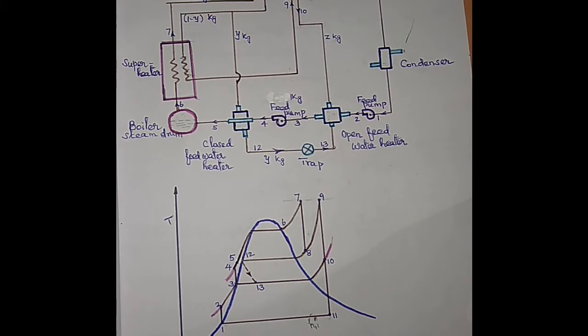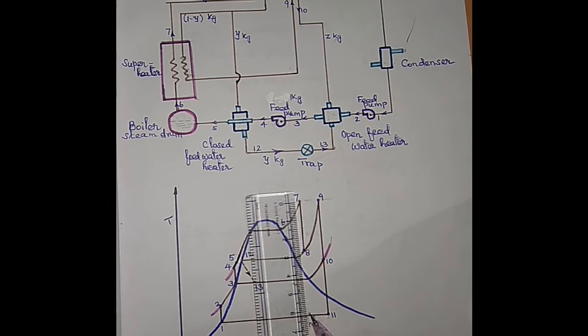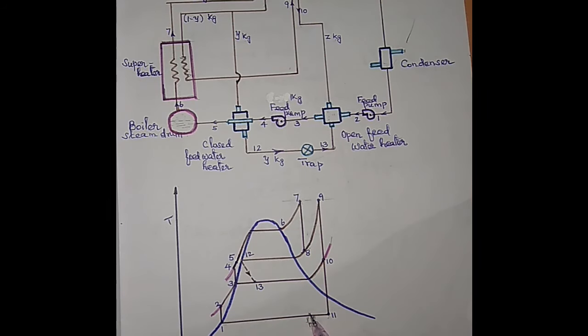Third thing, in case we had expanded from H7 straight away to the condenser pressure. This is the condenser pressure. If we straight away expand to condenser pressure, this is the point at which the steam will be coming out of the turbine.